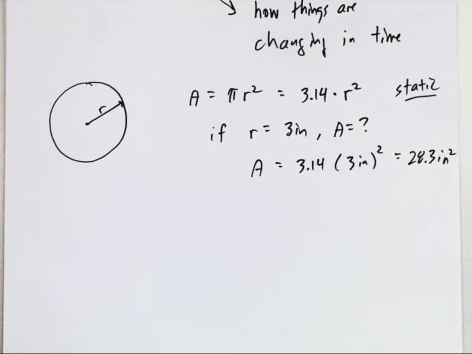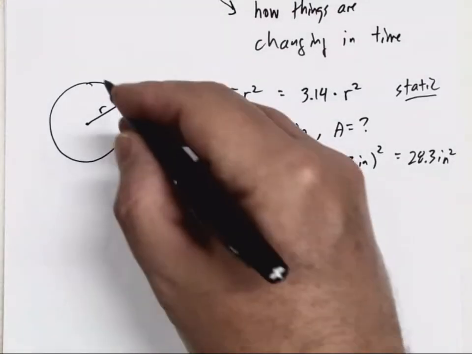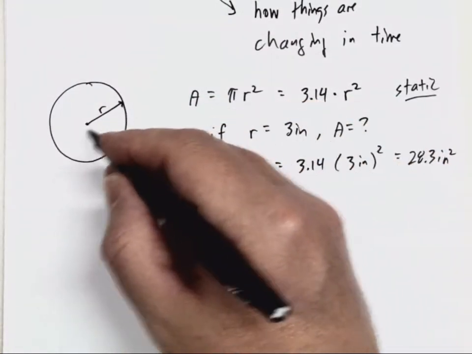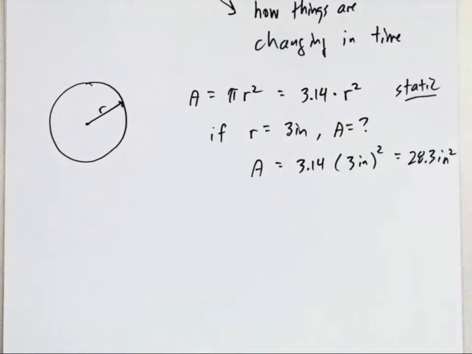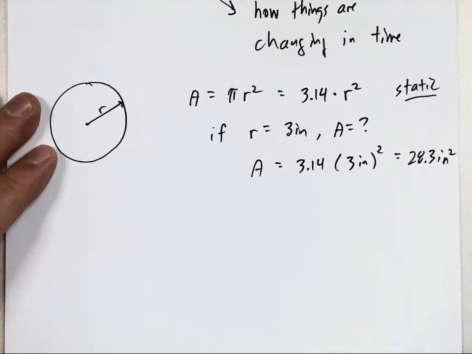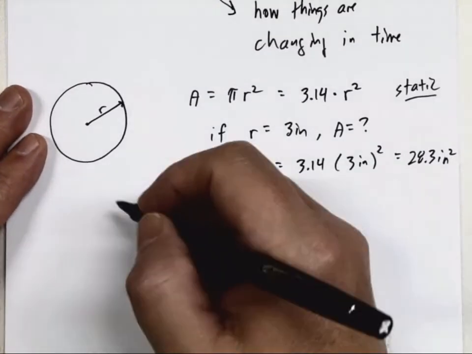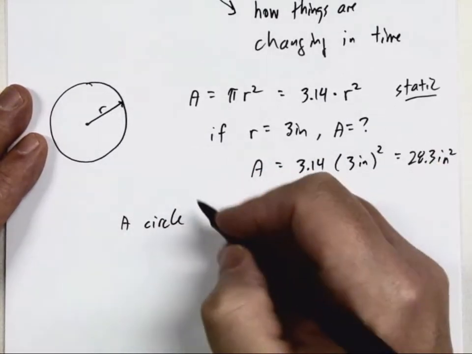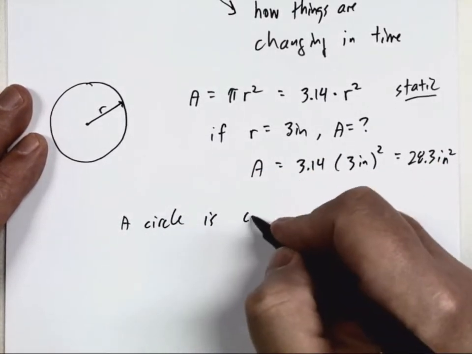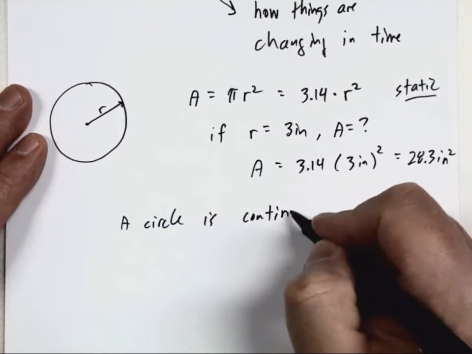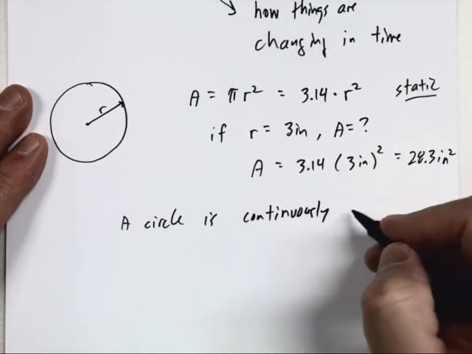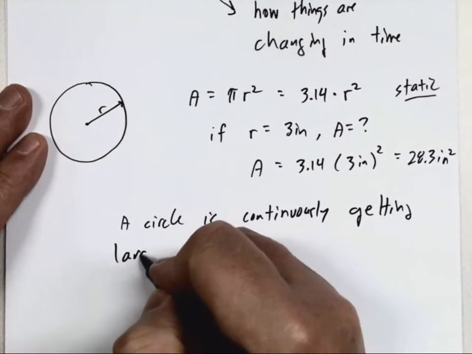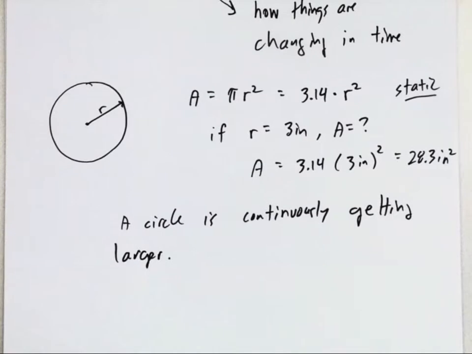However, now here is a different kind of problem. It's still a circle. We're talking about the area. We're talking about the radius. But now we're going to say a circle is continuously getting larger.